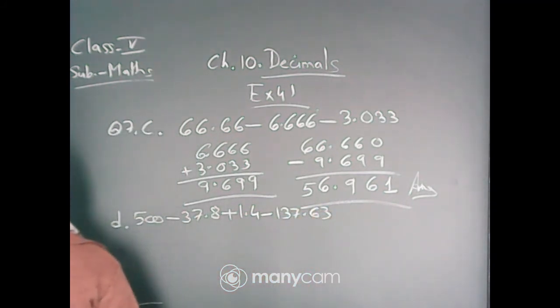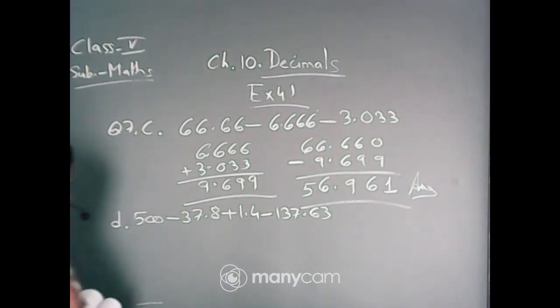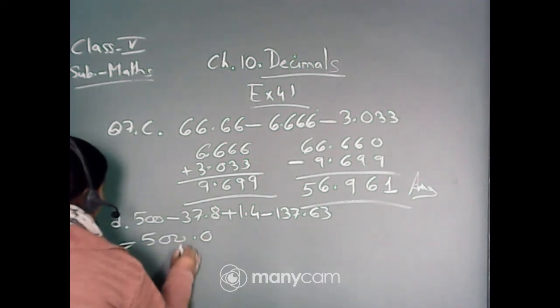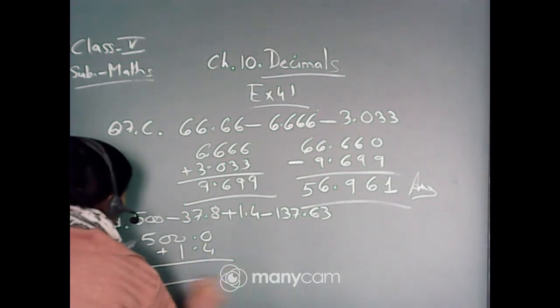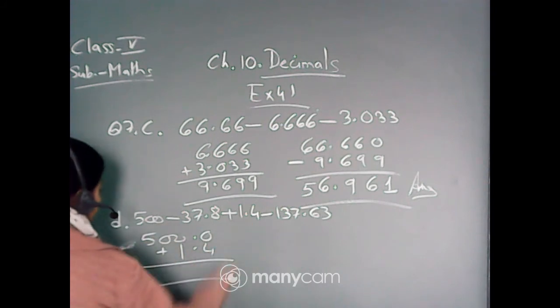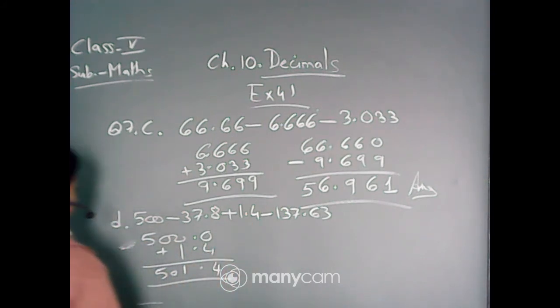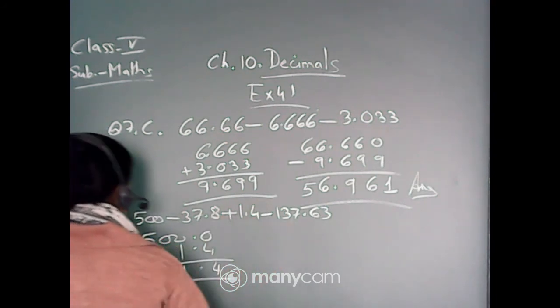Now see, here two terms are given in addition form and two terms are given in subtraction form. So let us add 500 plus 1.4. These two terms are given in addition form, isn't it? So add it, it is 501.4.